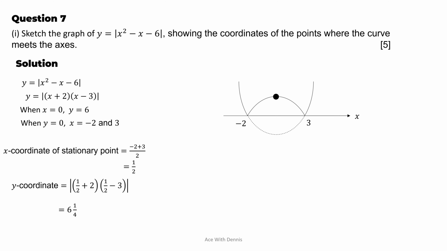Next, this is the stationary point, which is (half, 6 and 1 over 4). From here, we can draw the y-axis, which is at this location, and the y-intercept will be 6. So this is the graph that we need to sketch for this question.